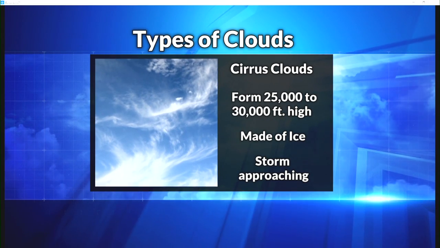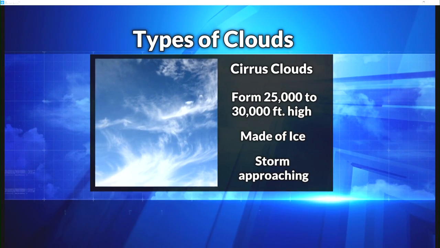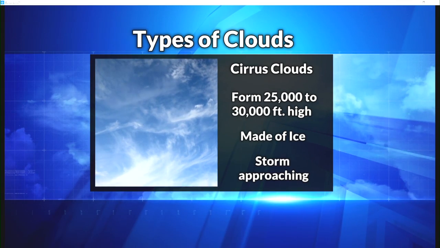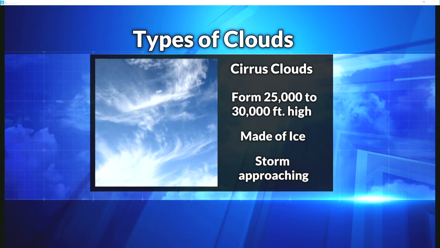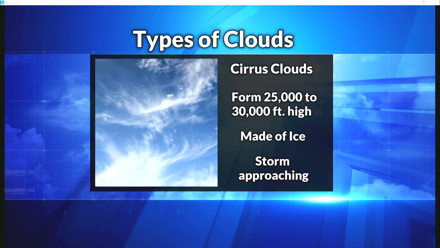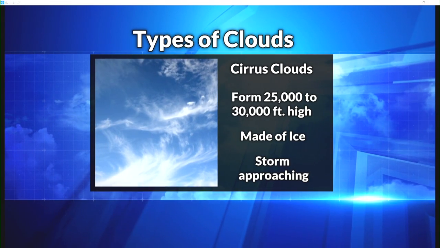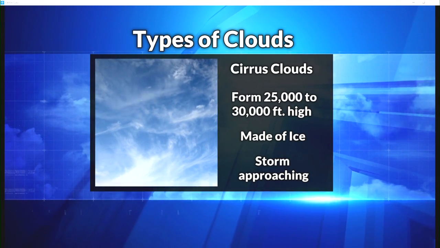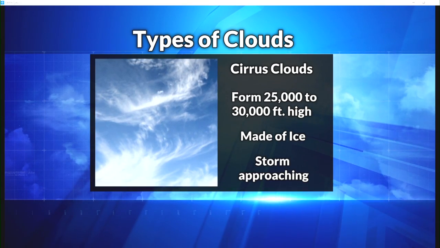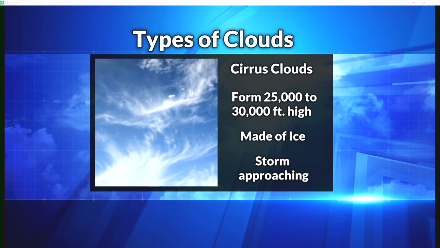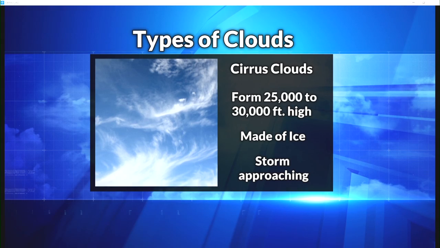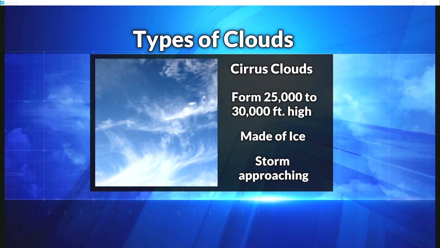I just call them sundogs. I think it's called circumzenithal arc or something like that. We have halos and other things, and it's probably a subject that we will tackle in a future segment. These are the kind of clouds that will do that. They are 25,000 to 30,000 feet, so about 5 to 6 miles high.